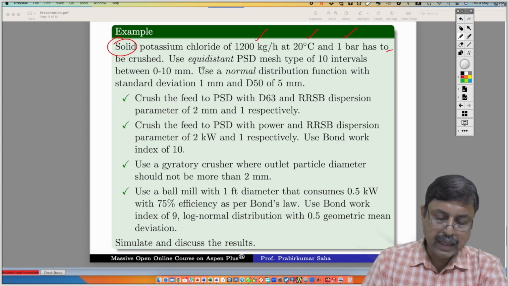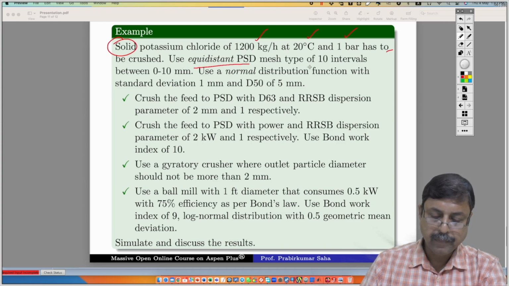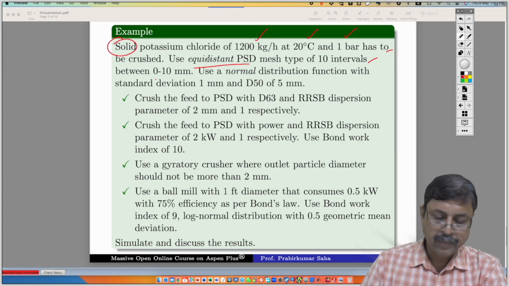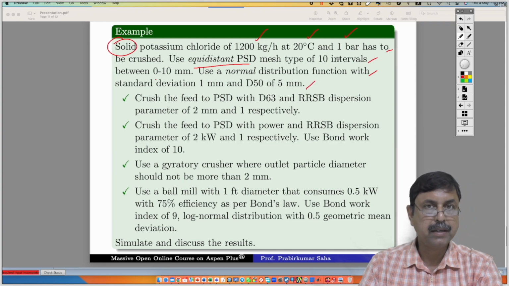You have to use the equidistance particle size distribution of mesh type, 10 intervals between 0 to 10 millimeter. So that is the mesh size that has been given, and a normal distribution function with standard deviation of 1 millimeter and D50 of 5 millimeter has been given.